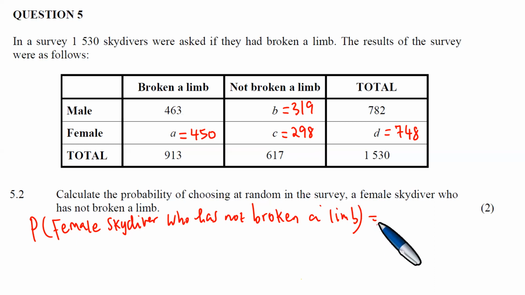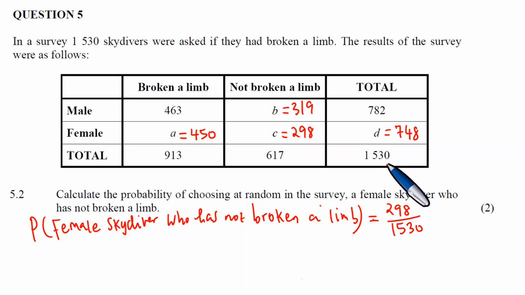So what is the probability here? The probability would be female, not broken a limb, 298. The total of everything. What is the total of everything? 1530. Yeah, 1530.